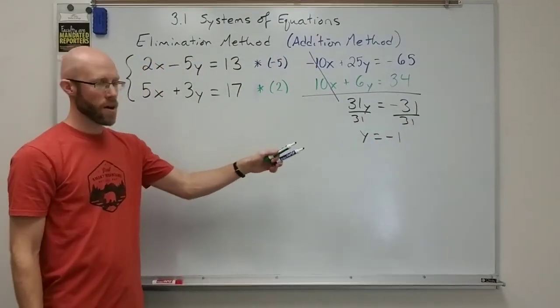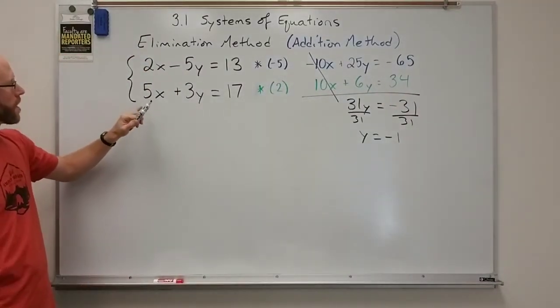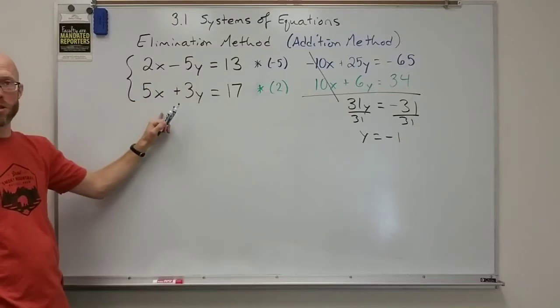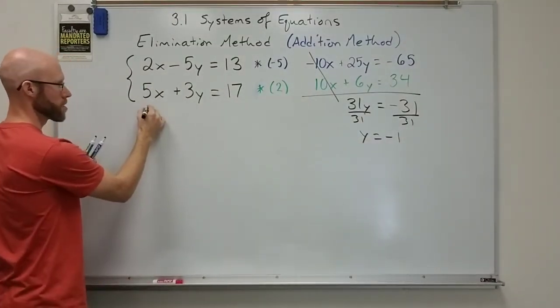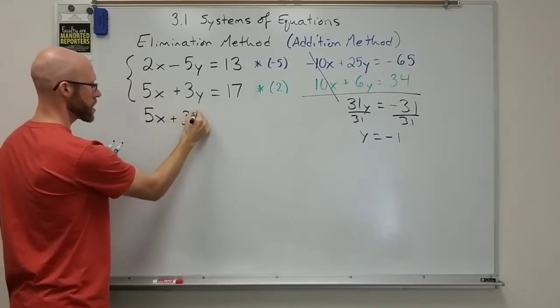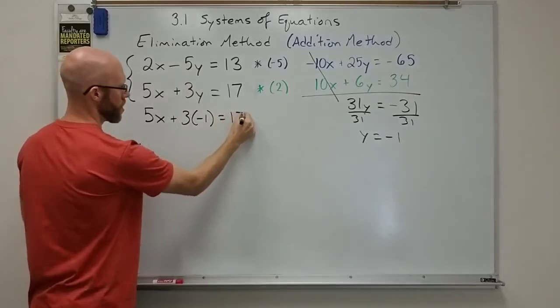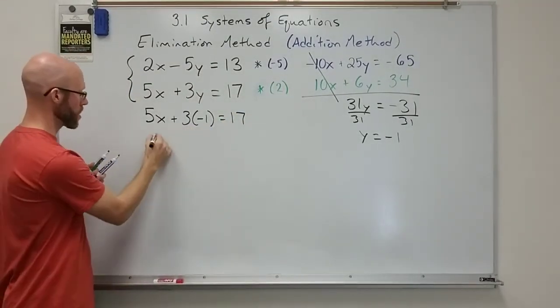Then I take that y value again. I've got to substitute it back in to find x. I can choose either of these equations. It won't matter. I'll just go with the bottom one here, just to save some room. 5x plus 3 times negative 1 equals 17. 3 times negative 1 is negative 3.